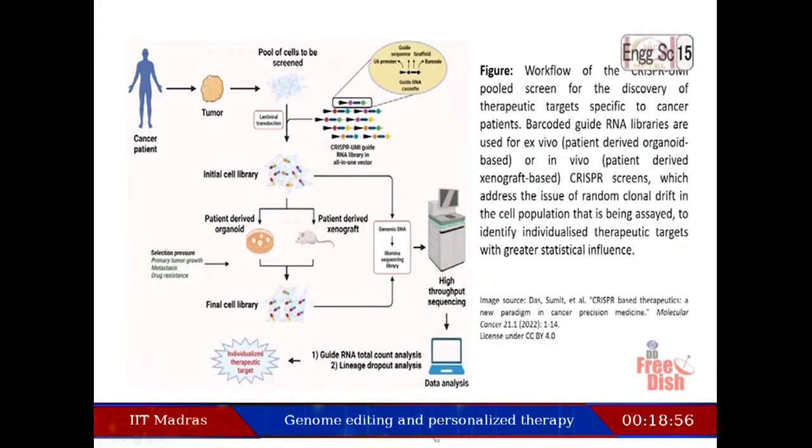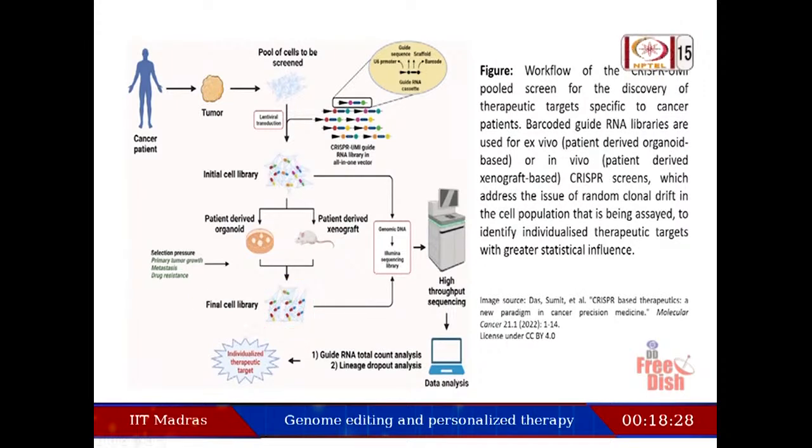And on the other hand, this initial cell library can be used for developing patient derived organoid studies or patient derived xenograft studies, and there is a selection pressure due to primary tumor growth, metastasis, drug resistance, and we obtain the final cell library as a result of this.